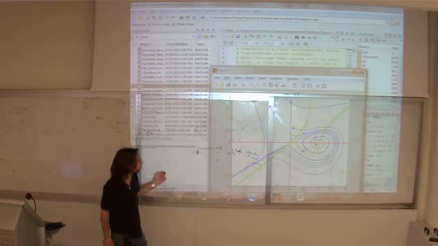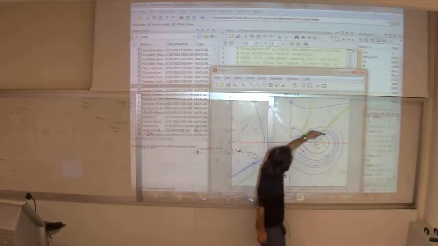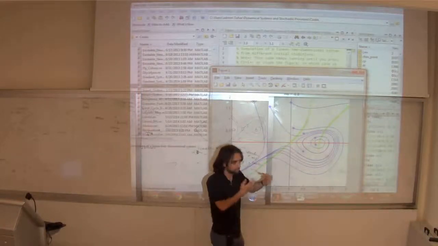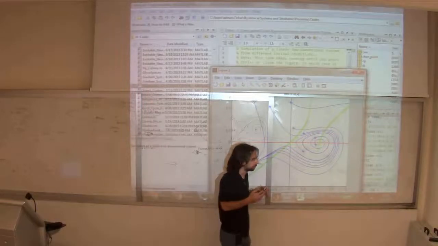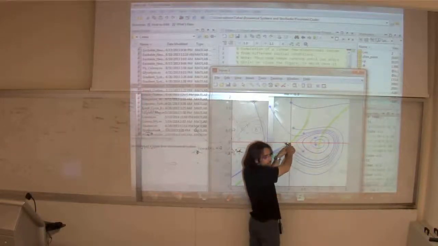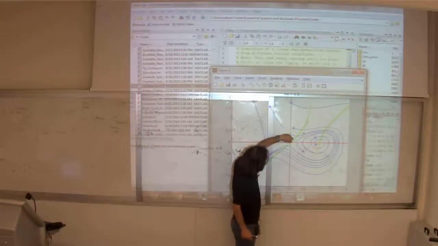But the same system with a different value for the bifurcation parameter gave a limit cycle that separates this from this. And the limit cycle disappeared through growing and annexing the saddle and becoming a homoclinic orbit of the saddle.